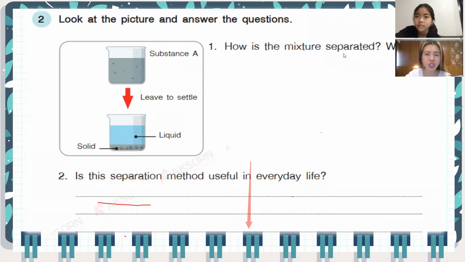Now, question 1. How is the mixture separated? It is through sedimentation, but why? I already told you the answer. Anyone?